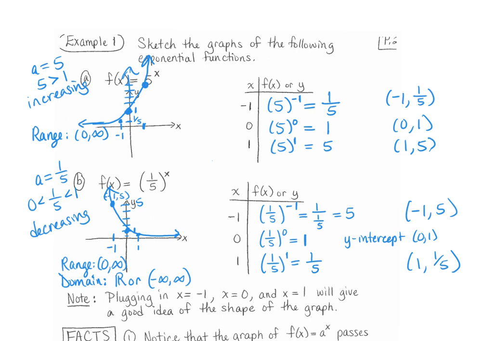And what else can you tell me? Domain, good. And our domain is what? All real numbers, good. Or in interval notation? Good, with parentheses, very good. Okay. What questions do you have?